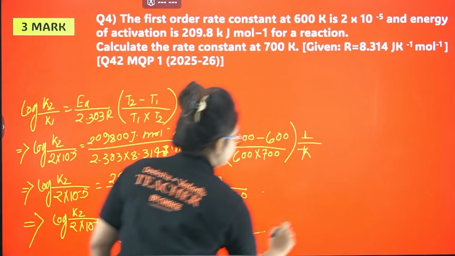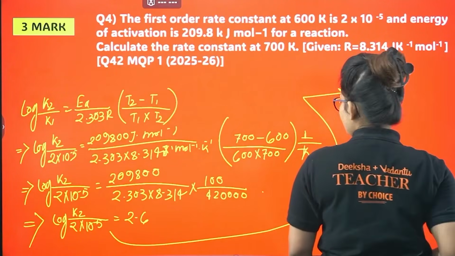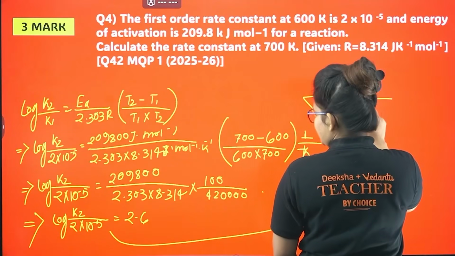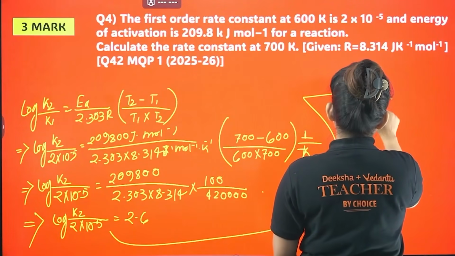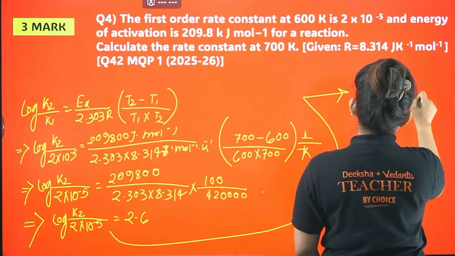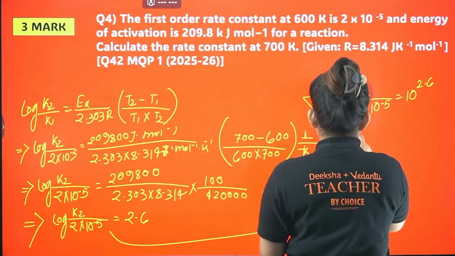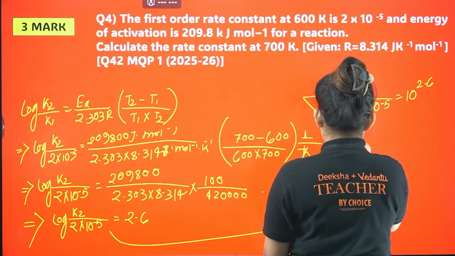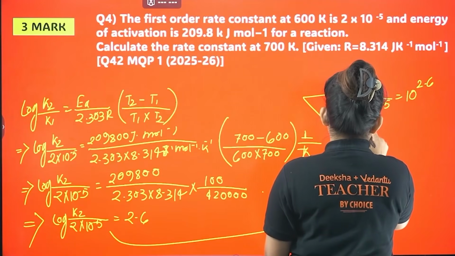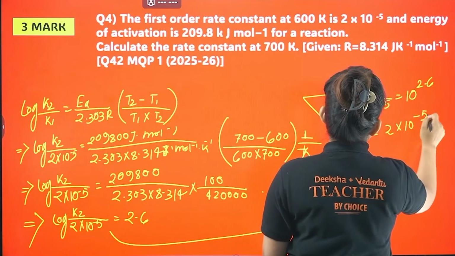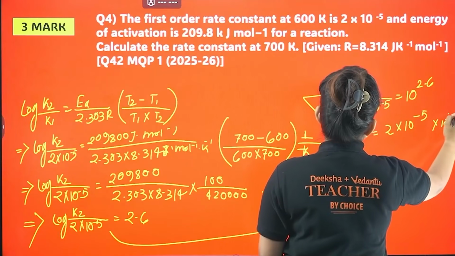Further, I will do the antilog. K2 by 2 into 10 power minus 5 equals 10 power 2.6. So K2 equals 2 into 10 power minus 5 into 10 power 2.6.